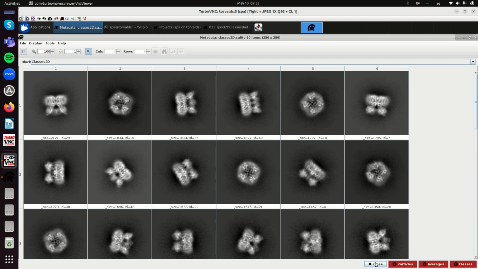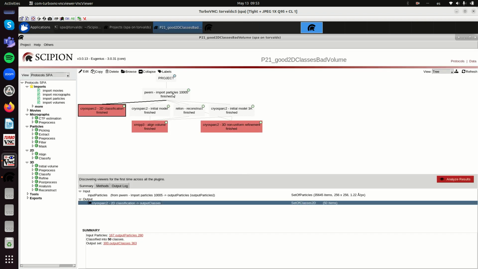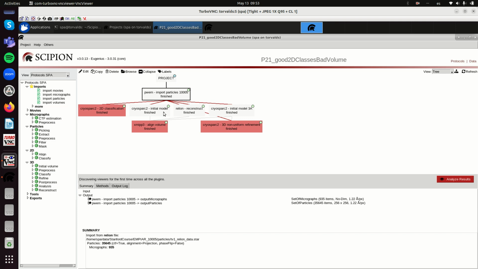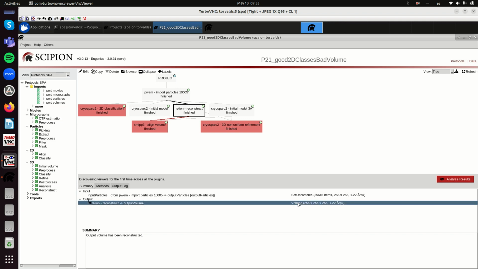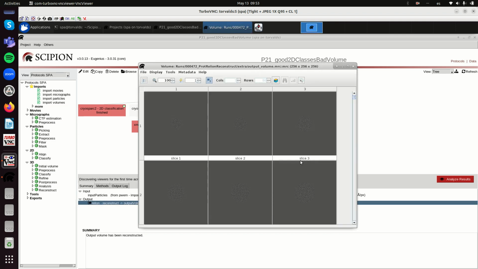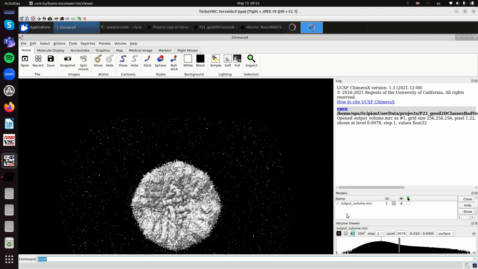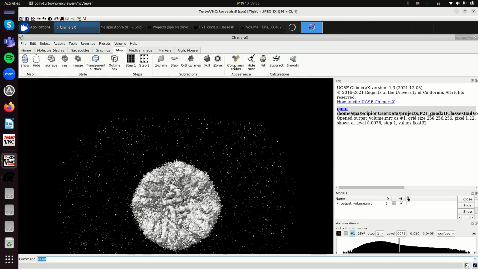Then we construct different initial models, or different maps. They were given the angles. From these angles we can reconstruct, and we see that we reconstruct the correct structure. We can check it in Chimera, and we don't see, for instance, high dust.